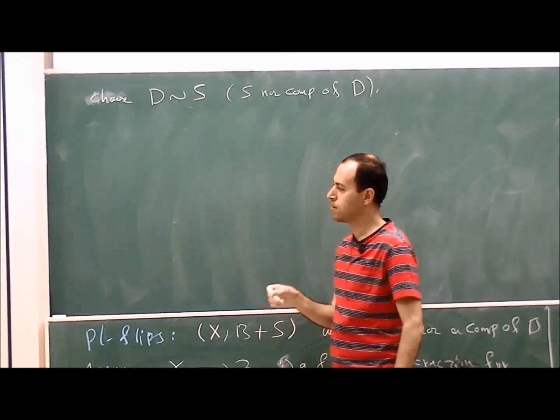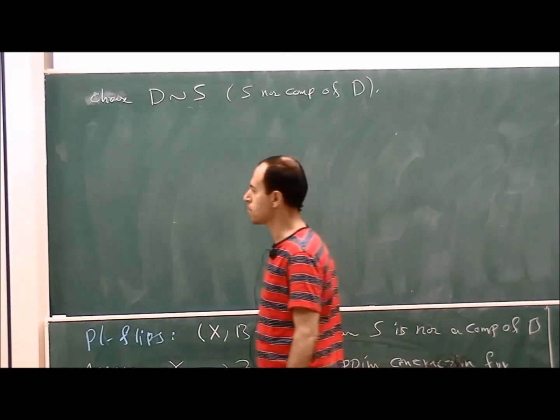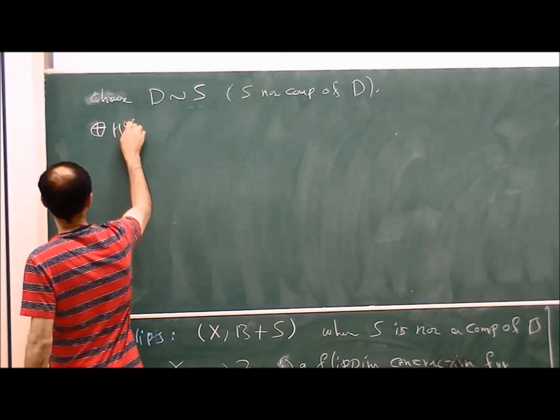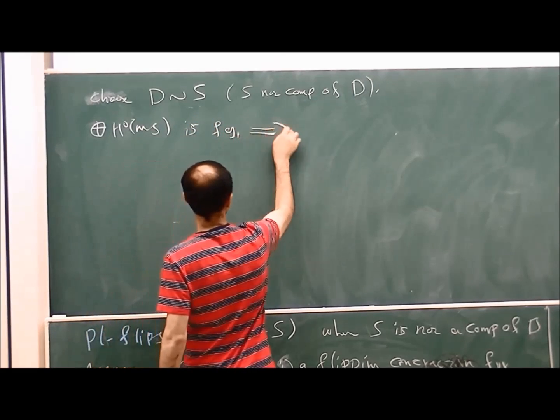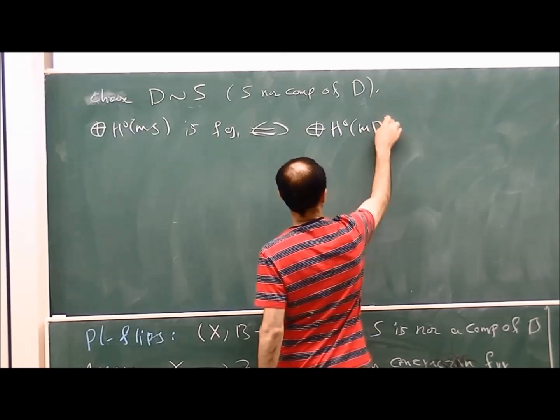Again, I want to interpret it in terms of rational functions, and then it's easy to restrict. So it's obvious that the ring of S is finitely generated if and only if the ring of P is finitely generated.